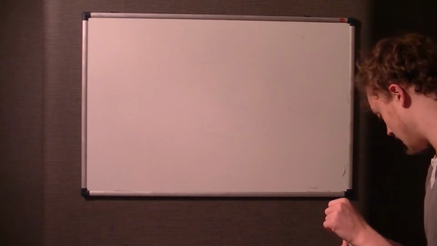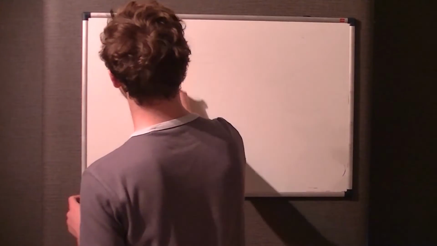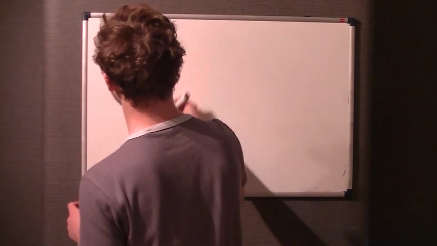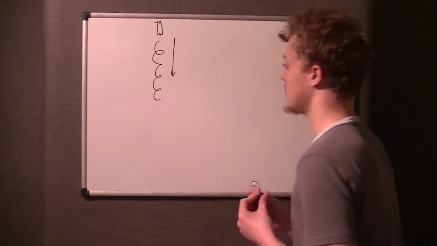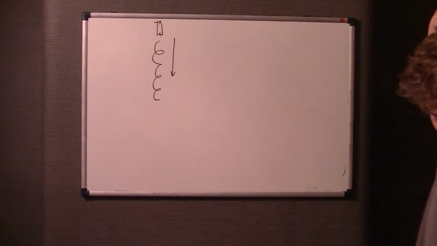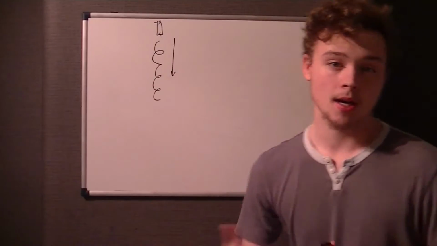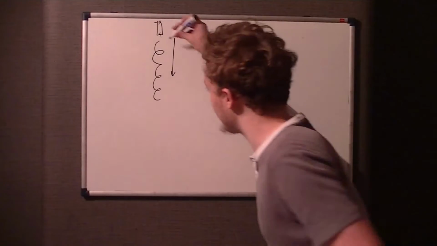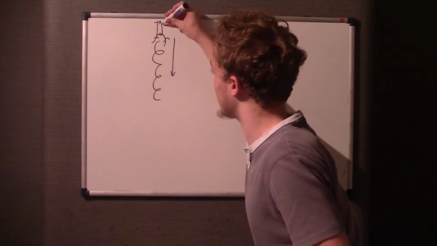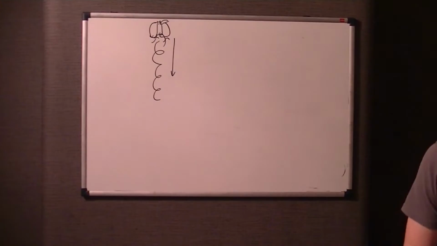So basically what happens is, if we have something like this, say we have a coil, not a good coil, and then we have a magnet, with north and south on it, and we put this magnet through this coil. What happens is the magnet forces the electrons away because of the magnetic field that surrounds it.